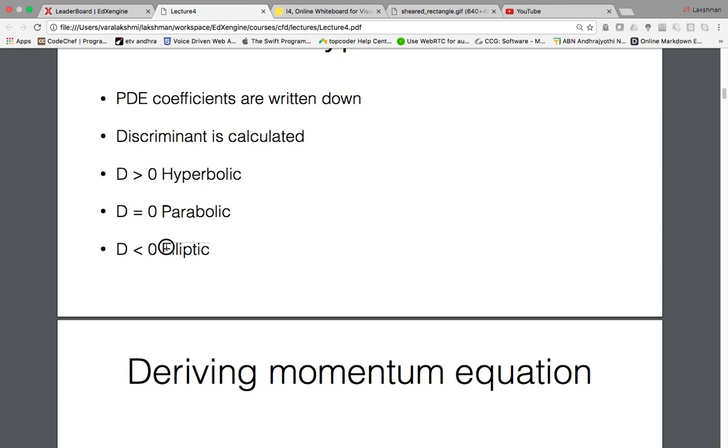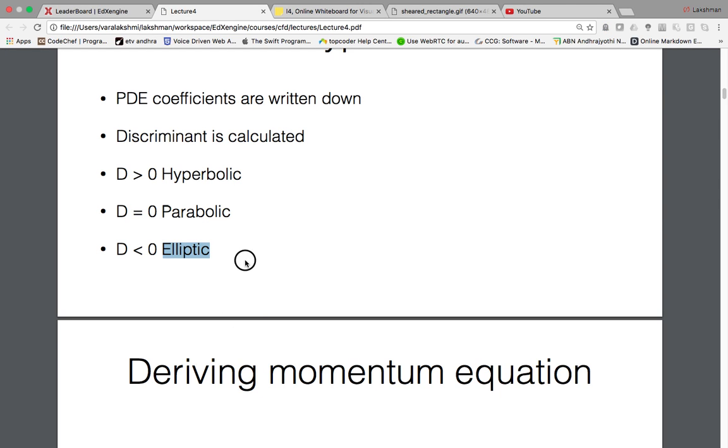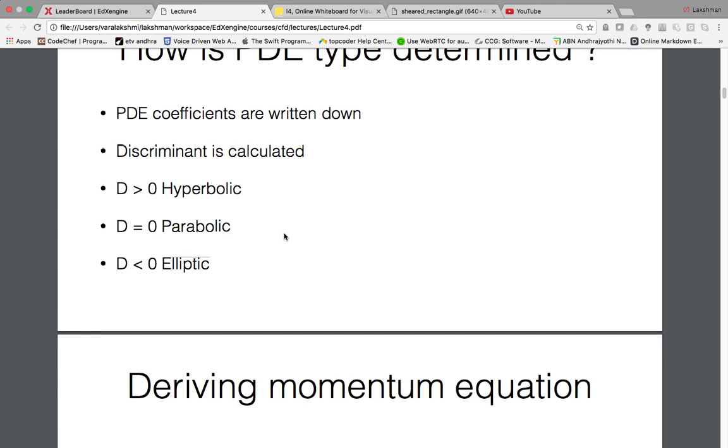And elliptic equation, which is a Laplacian equation, like divergence of grad u or del 2 u by del x square is equal to 0. Or Poisson equation, the difference between Laplacian and Poisson is, okay, this is a Laplacian equation. If this is not 0, that is Poisson equation. That's all. So that is briefly about the PDE types.